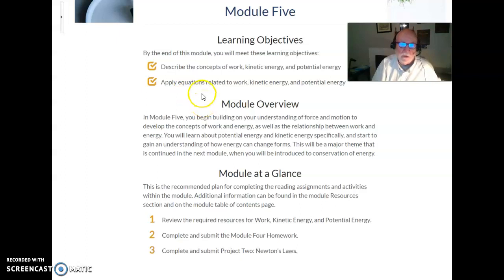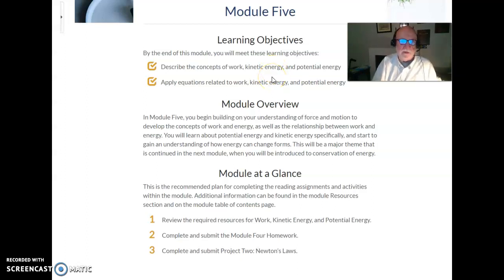So we'll be talking a little bit about how to describe work, kinetic energy, and potential energy. Work is done when you convert energy, when you use energy to move something. That's what work is. Kinetic energy is expended or used when an object is moving.